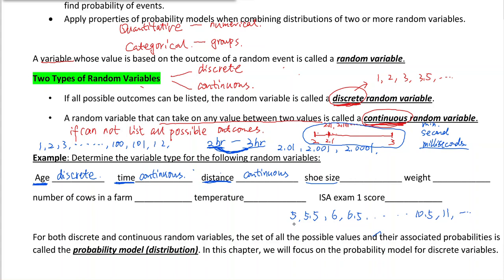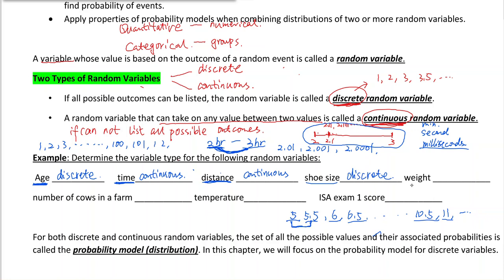But between 5 and 5.5, do you have any other possible outcomes? Do you have a 5.01 size? Do you have a 5.02 size? Actually, no. Between these two values, you just don't have any other possible outcomes. So you can always list them out because they are limited. So for this case, the shoe size will be a discrete random variable.